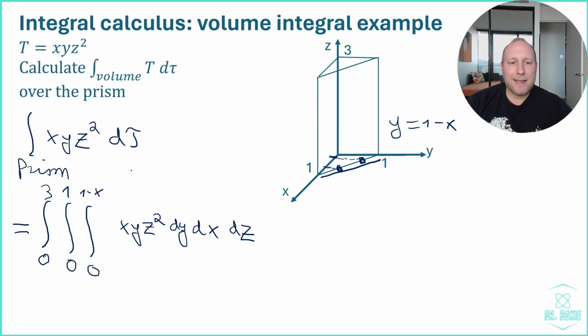Now, because there is an x dependence in the boundary of the y integral, we need to solve the y integral first before doing the x integral. The z integral, on the other hand, is independent of the other one, so that one can be solved independently.